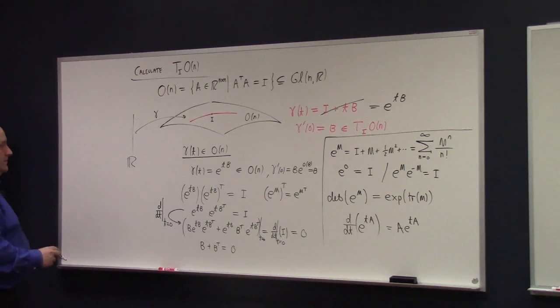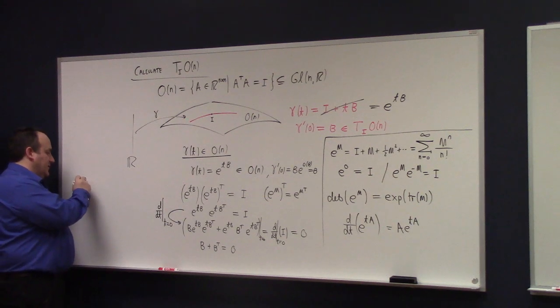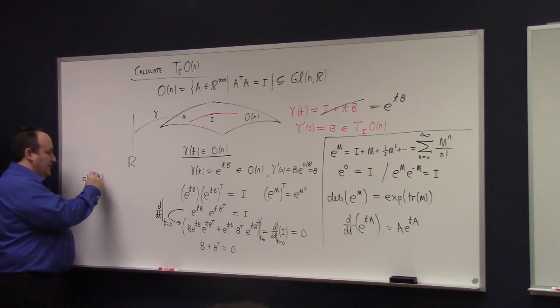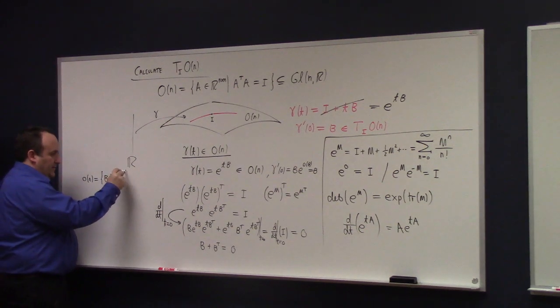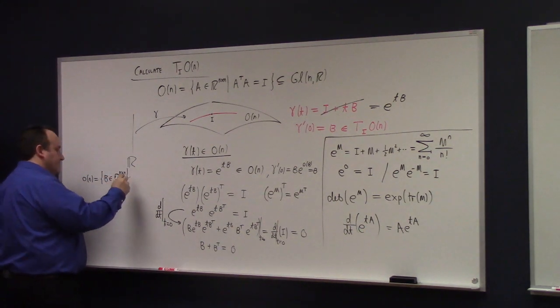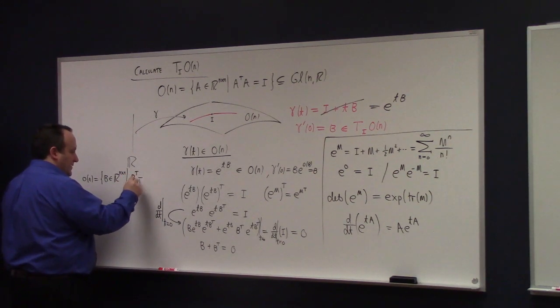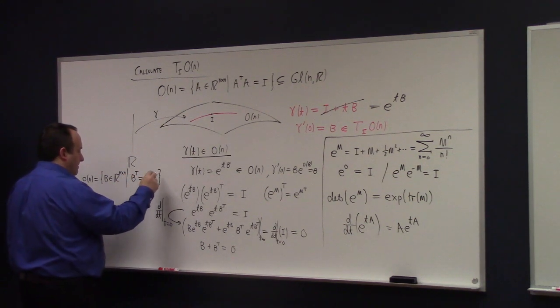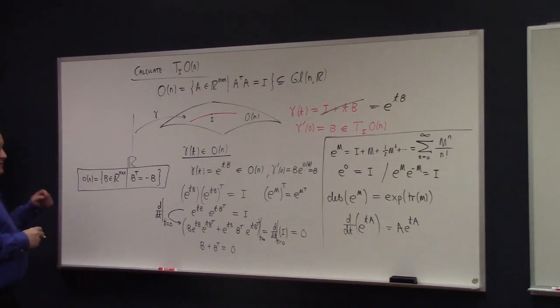All of this together shows us that little o(n) is equal to b in R n by n such that b transpose is equal to minus b. So this is the Lie algebra of the orthogonal group.